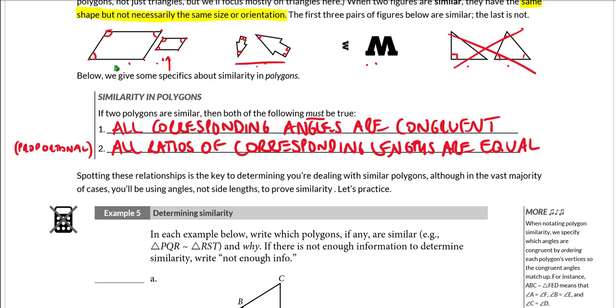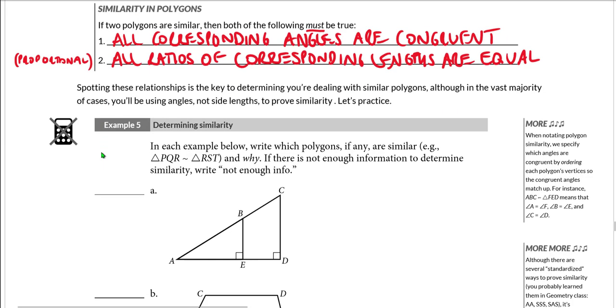So, for instance, if I were to establish that this side here were 6 and this side here were 2, and it should be pretty clear that those bottom sides of this parallelogram correspond to each other, I would know that there's a 3-to-1 ratio in those two corresponding lengths, which means that if these two shapes were indeed similar, all corresponding lengths would have that 3-to-1 relationship. So if I knew that this slanting side here were 3, I would know that the corresponding slanting side in the small figure had to be 1.